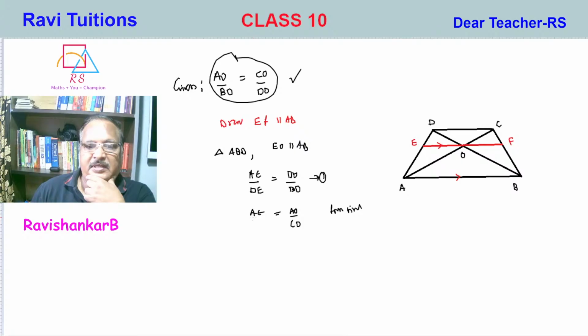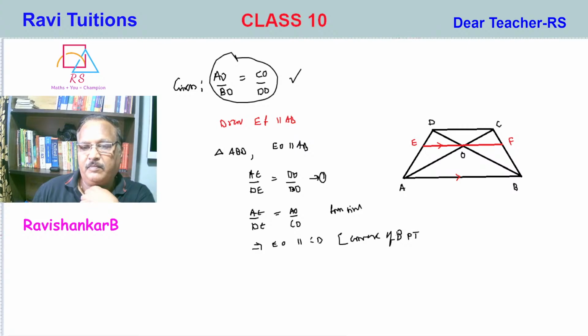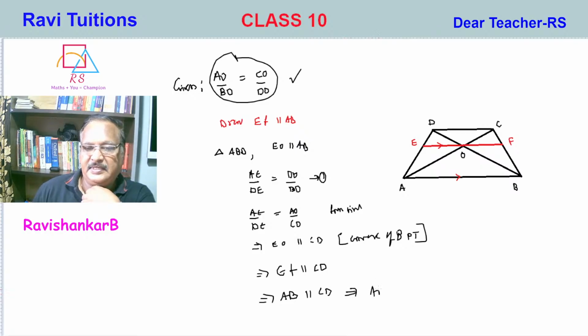So then AE by DE is equal to AO by CO. That means EO is parallel to CD by converse of basic proportionality theorem. So therefore EF is parallel to CD. That implies AB is parallel to CD. Therefore ABCD is a trapezium.